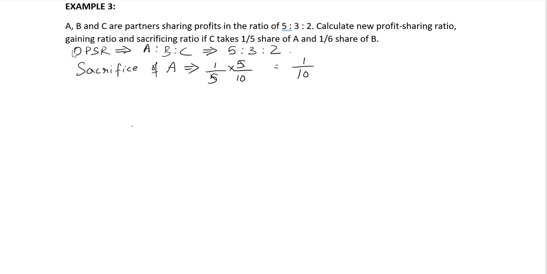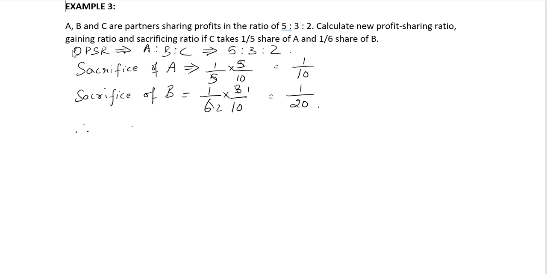1 divided by 10. And similarly, C also takes 1/6 of B. So sacrifice of B is equal to 1/6 into 3/10, which is equal to 1 divided by 20.